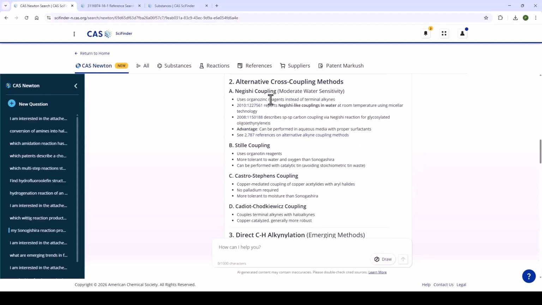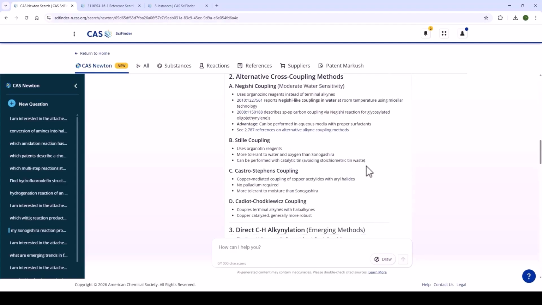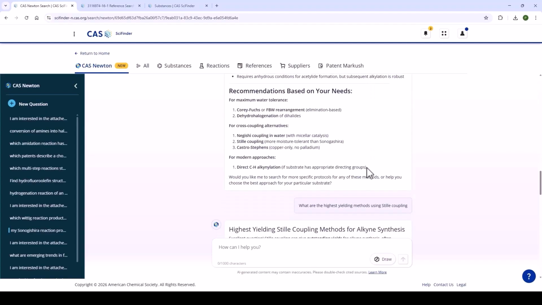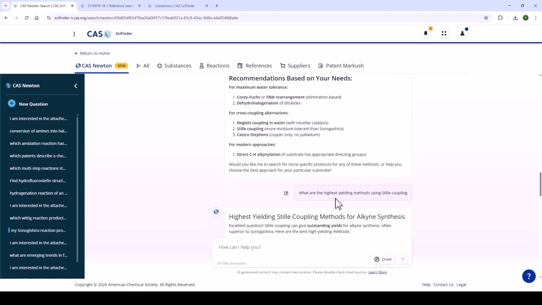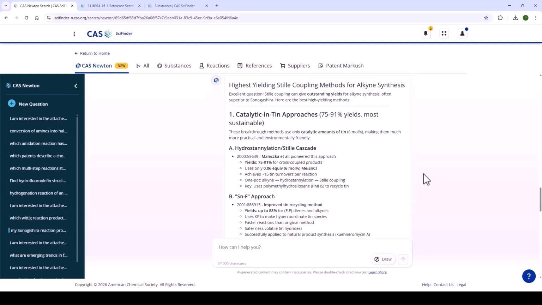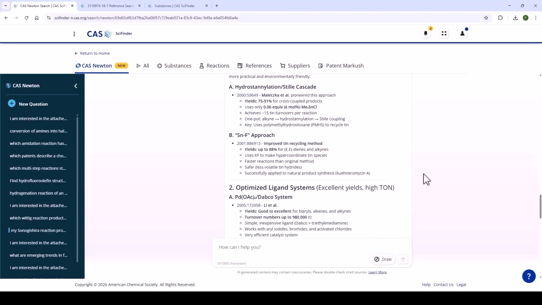We see also Negishi coupling and Stille coupling. And obviously, if you want to know more about these, we can then ask, okay, what are the highest yielding methods using a Stille coupling to find those approaches as well.